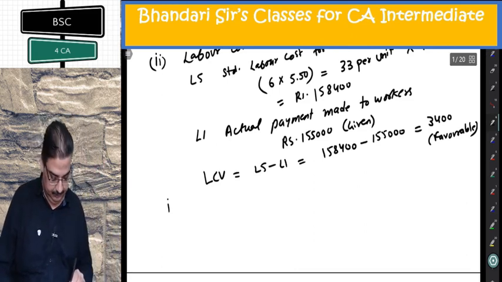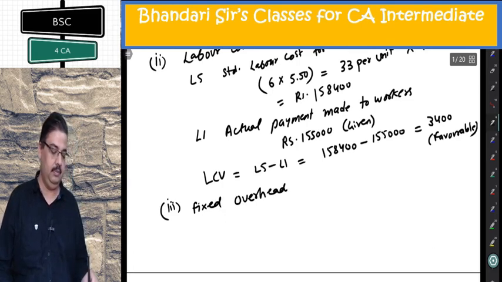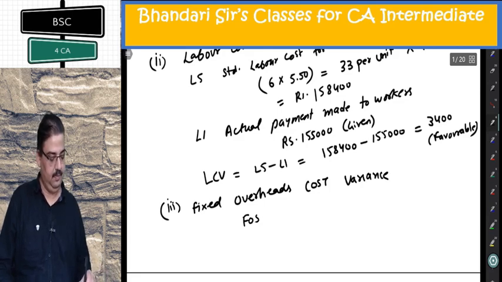Third part, fixed overheads cost variance. FO5 minus FO1.